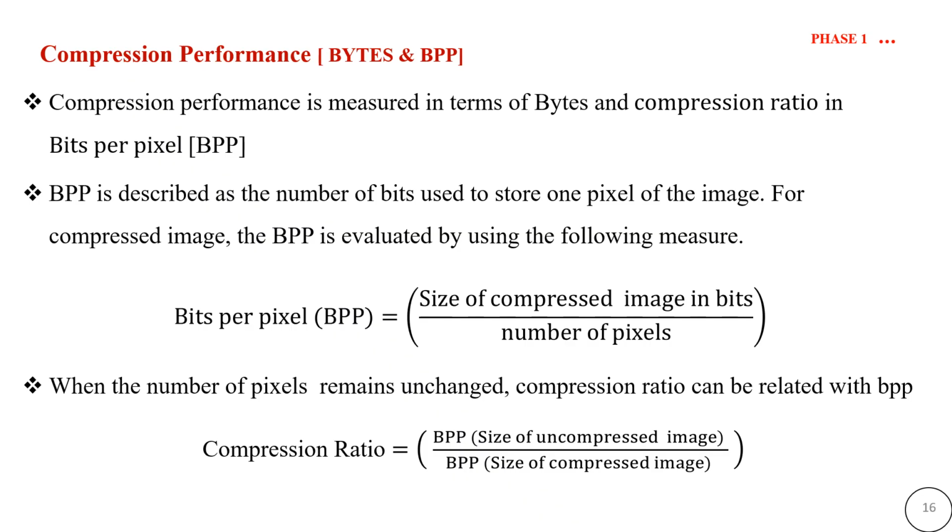When the number of pixels remains unchanged, compression ratio can be related to bits per pixel. Compression ratio is also defined as the bits per pixel of the uncompressed image divided by the bits per pixel of the compressed image.